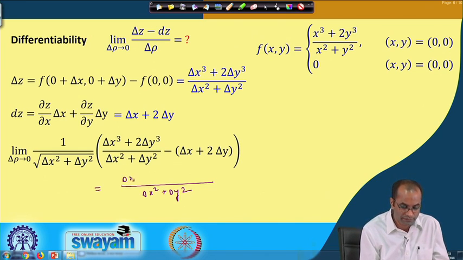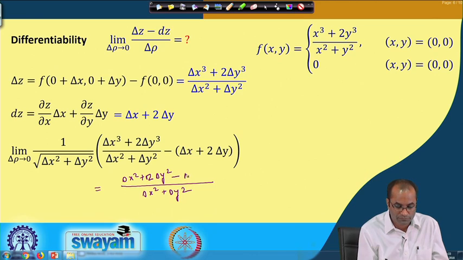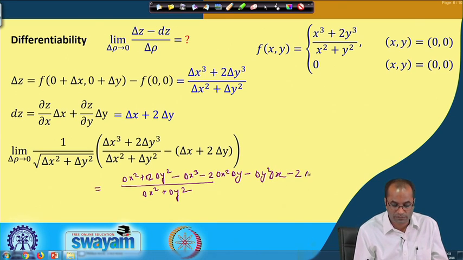We simplify the Δx squared plus Δy squared in this denominator. So we have then Δx squared and 2 times the Δy squared minus this product, which will give us Δx cubed as one term and minus 2 times Δx squared Δy. Then we will also get this Δy squared Δx term and then minus 2 times Δy cubed term.